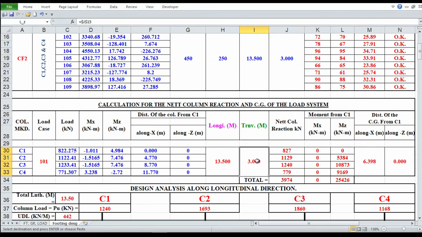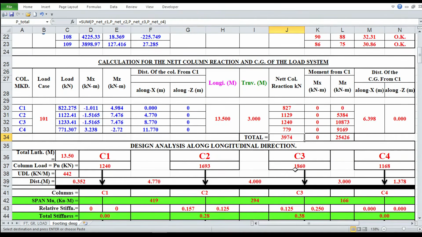Width in the transverse direction is equal to 3 meters. Net reaction in column is same as previous problem. Mx is equal to 0, Mz is equal to this one, and this is distance of Cg from C1, and this is our total load.